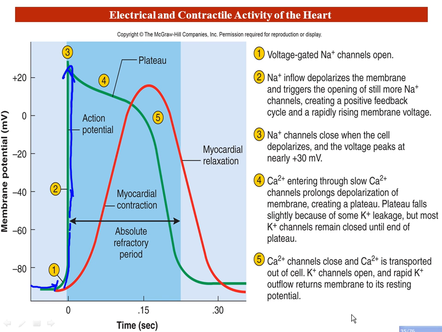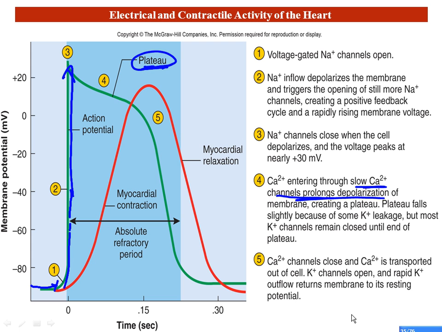Now what's different is cardiocytes have a plateau. And what this plateau does is it basically extends the time it takes for an action potential to run through a cardiocyte. Now what creates this plateau is another type of channel known as slow calcium channels.